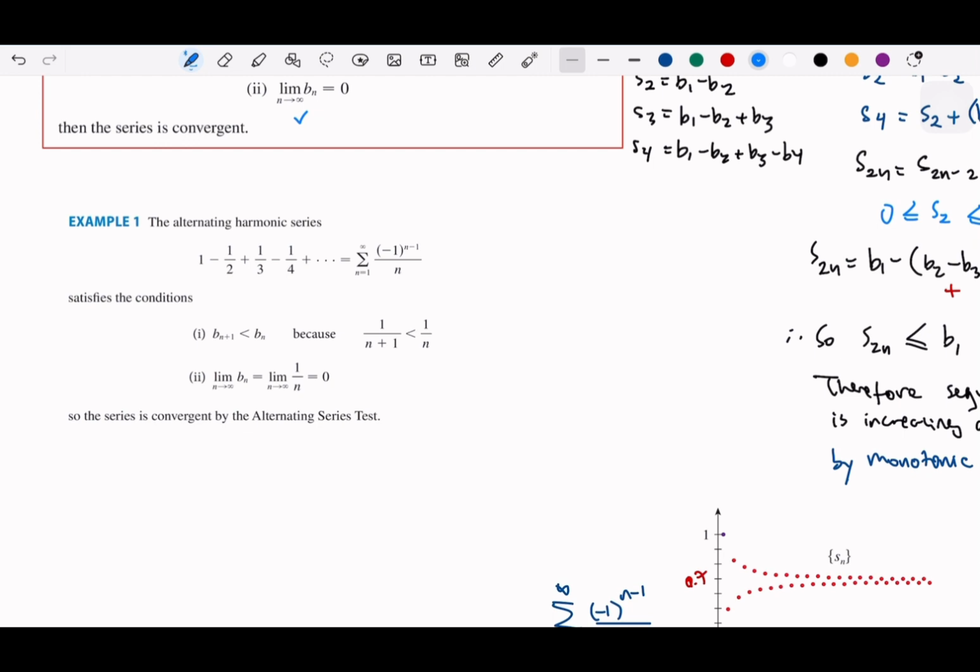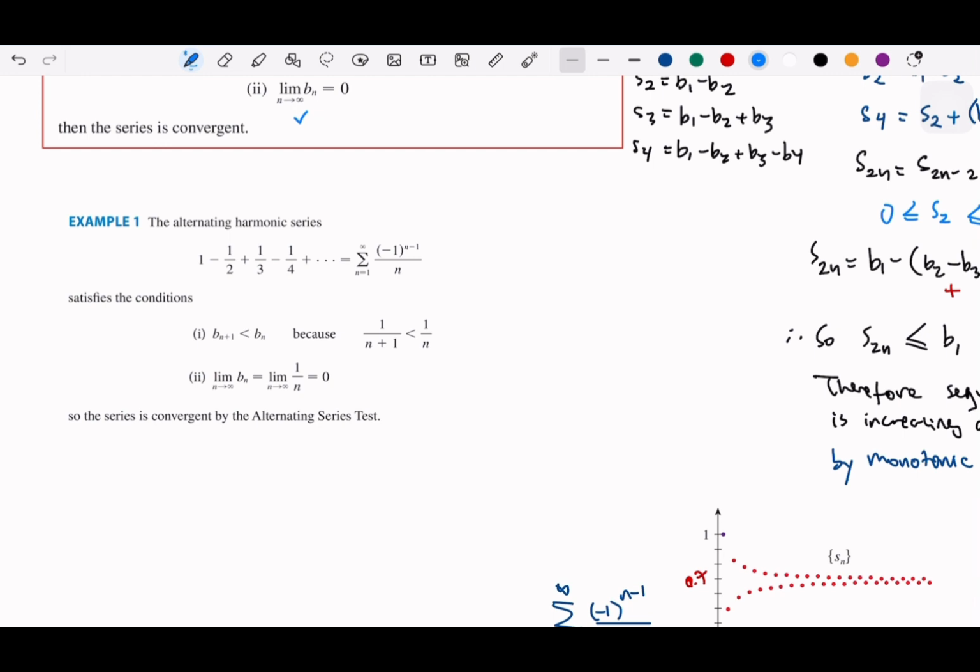So within the realm of alternating series, there will be functions that, if we ignore the alternating signs, maybe the series is divergent. But because it's alternating, it may be convergent. So sometimes we call that conditionally convergent.